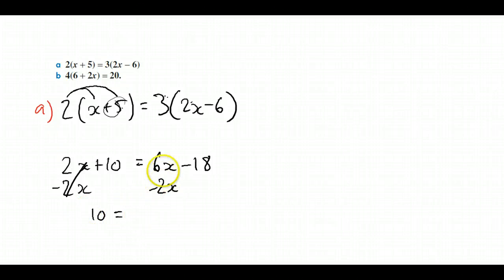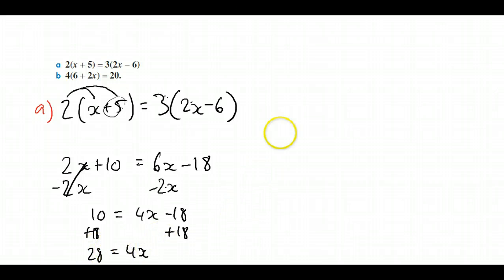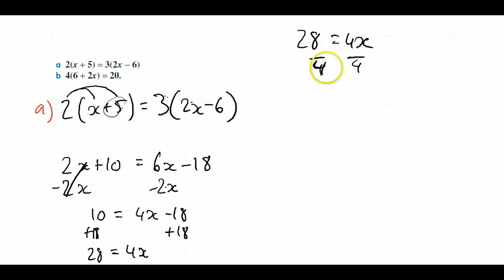Then we've got 10 equals 6 minus 2 is 4x, minus 18, plus 18. We end up with 28 equals 4x, and then 28 equals 4x, divide by 4, and we get x equals 7.